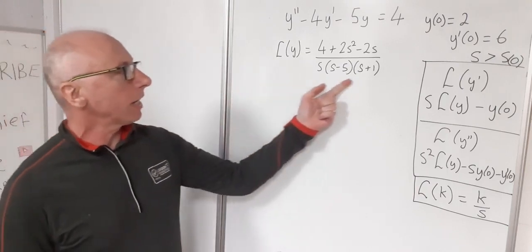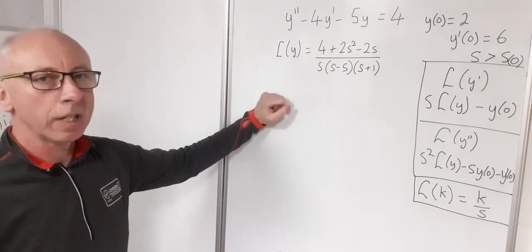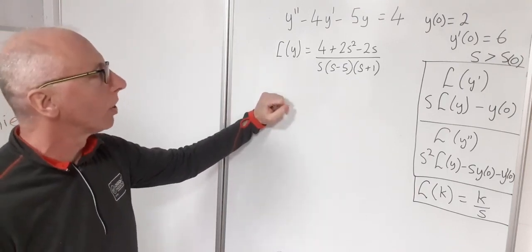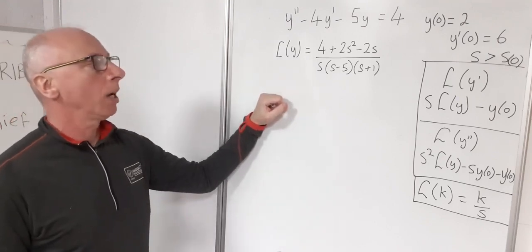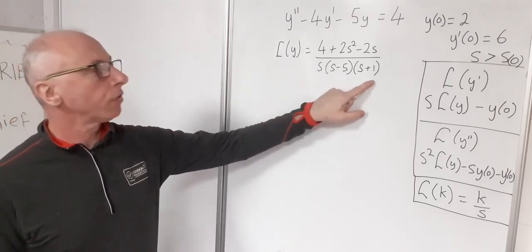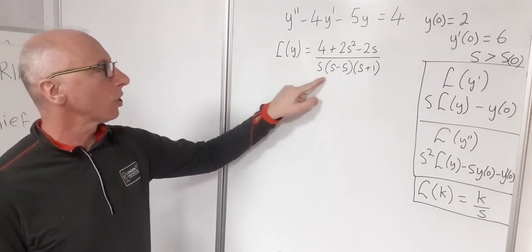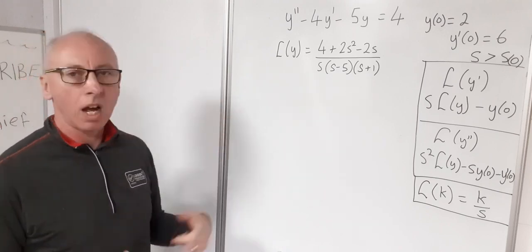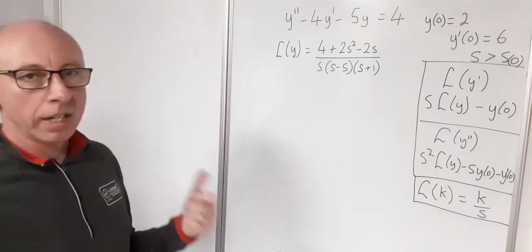Okay, so now to break this apart, we're going to need partial fraction decomposition. Now there's a link in the description below as to how we did partial fraction decomposition of this function. So to save time on this video, I've done it on a separate video, and the link will be below.